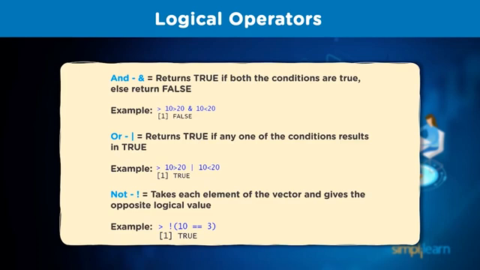So we see the value as false. Now, if I would have replaced this and with or, it would check even if one of the conditions is true, it would basically show me a result as true. You can also use a not operator, which takes each element of the vector and gives the opposite value. So we can be using any one of these operators and then basically do our computations.